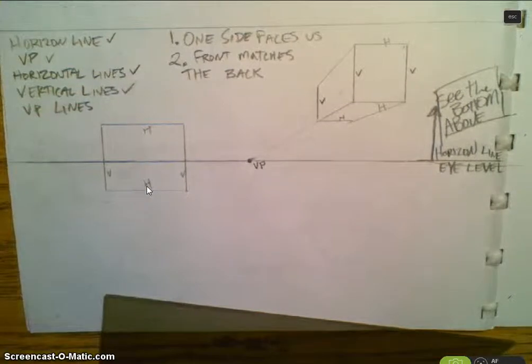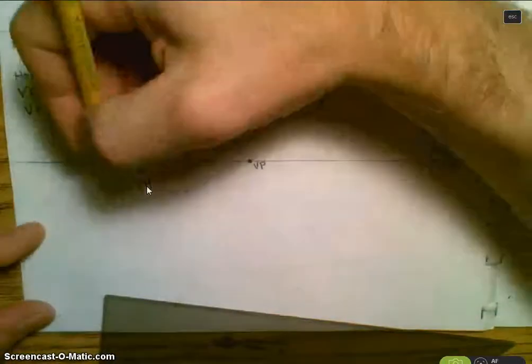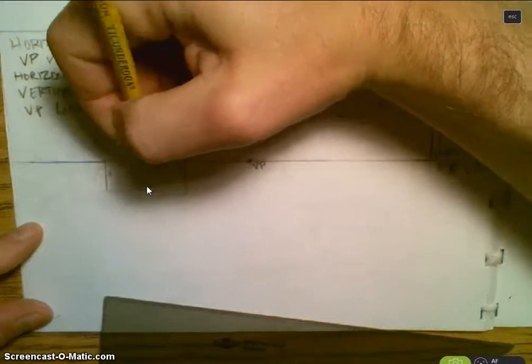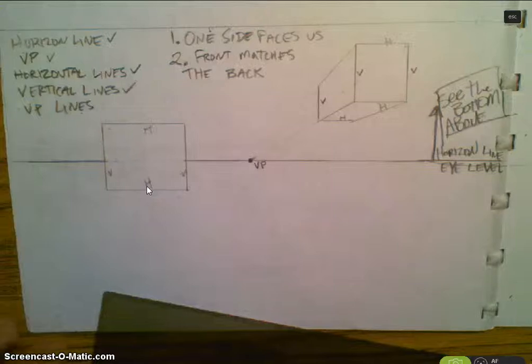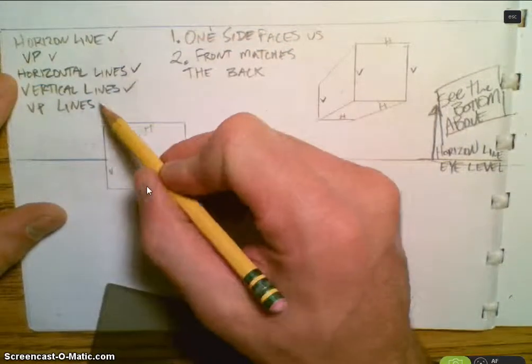And since this is right on the horizon line, and I don't want the horizon showing, I want it to be an opaque box, I'm going to erase that horizon line where it goes through the box. So this is for our second one. I'm going to put another set of check marks here.